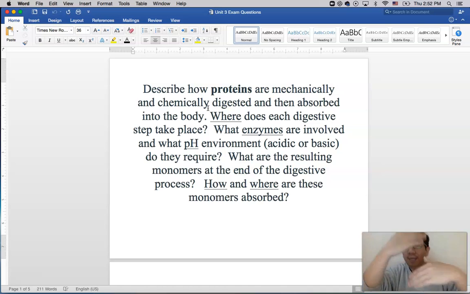Mechanically, your stomach turns around to churn and help break down protein. Chemically, there's only one thing that actually breaks down protein in there. That's pepsin. Pepsin breaks down protein in your stomach.